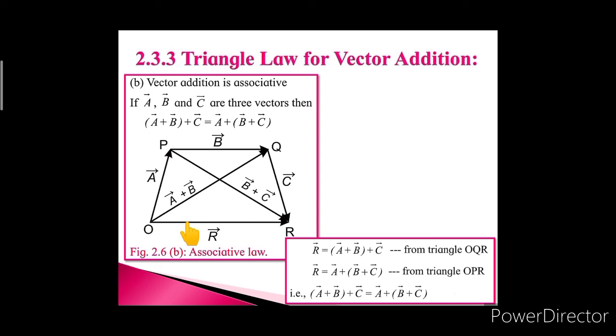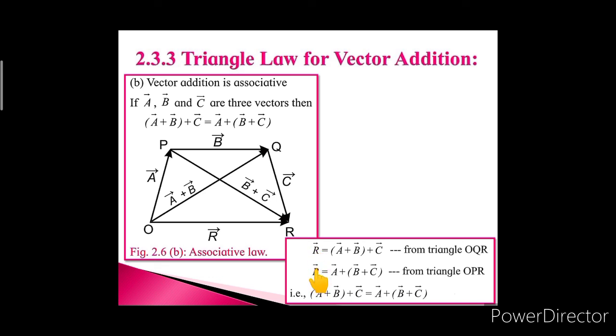And the direction of the resultant is given in such a way that it starts from the starting point of the vector A to the end point of the vector B plus vector C. So from the triangle OPR, we are getting the value of the resultant as vector A plus vector B plus vector C. So here we are getting the same value of the resultant.